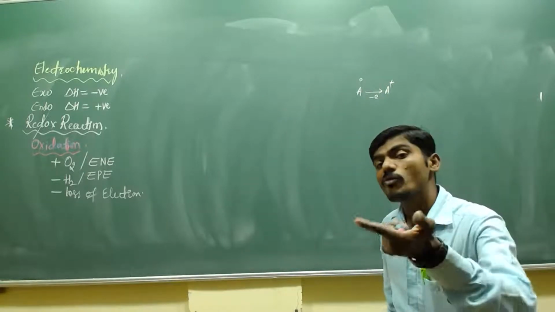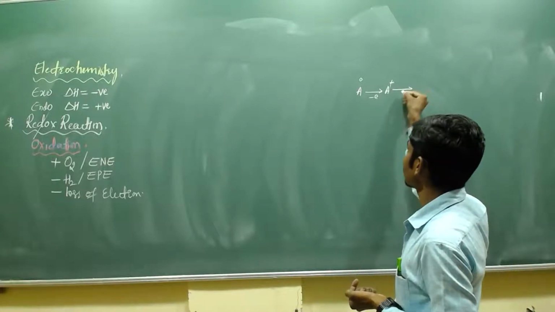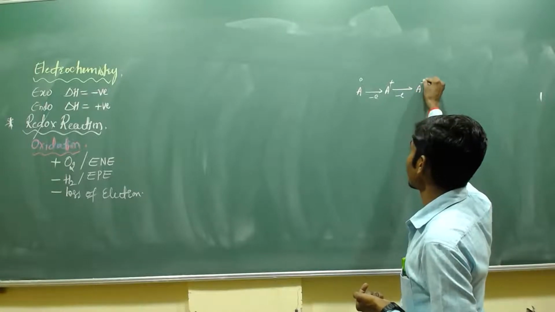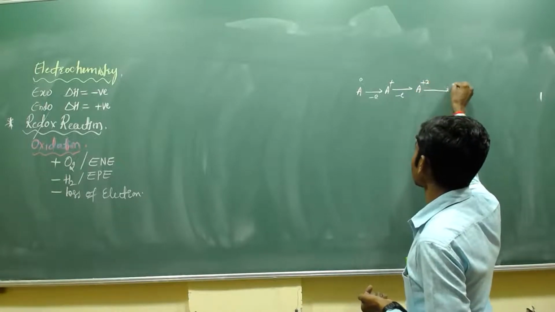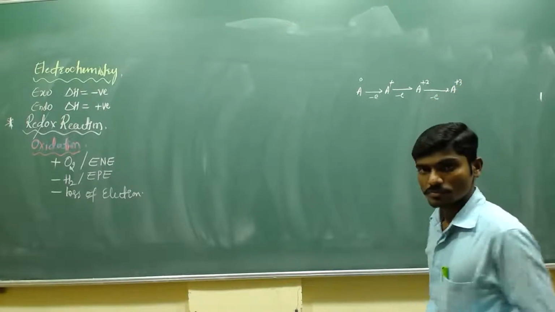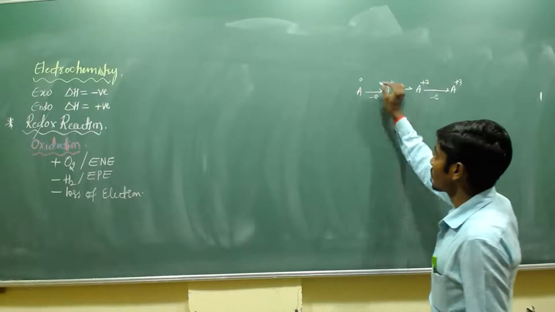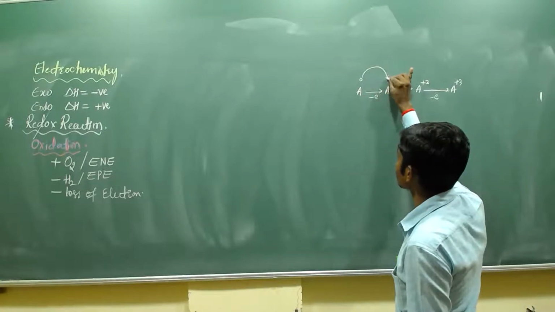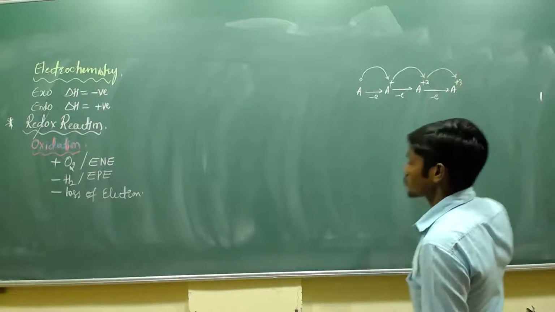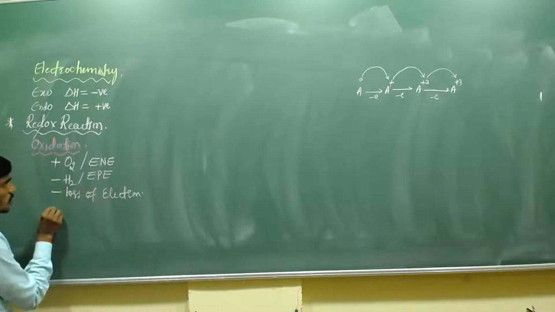If one more electron is lost, we get A plus 2, and with one more, A plus 3, and so on. Loss of electron is called oxidation. During the loss of electron, the positive charge increases. So in a simple way, I can say increase in positive charge.